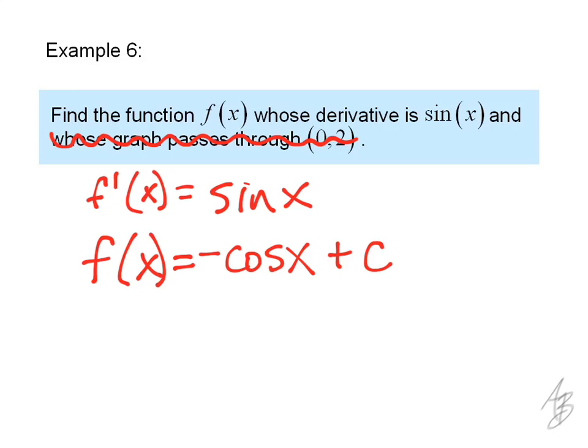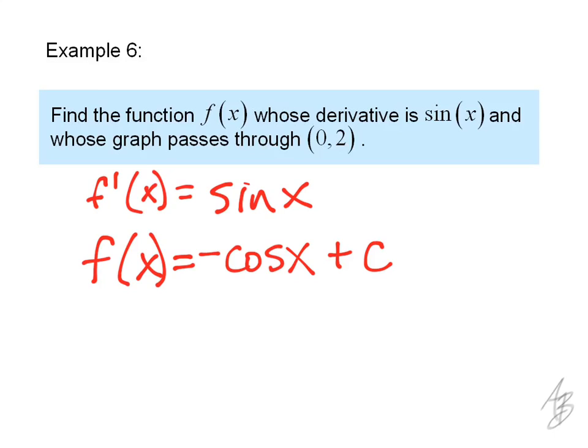So let's go back here then and use what we're going to call initial conditions. So we're going to use initial conditions here to determine what that c is. So I know that the graph of this is going to go through 0, 2. How can I figure out what c is using that 0, 2? Plug in 2 is like x and plug 0 in cosine.